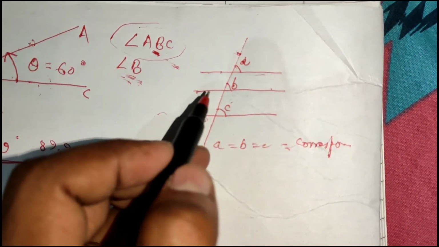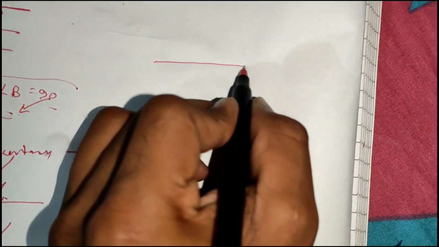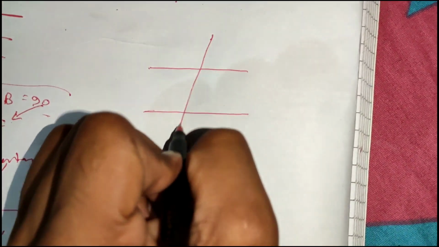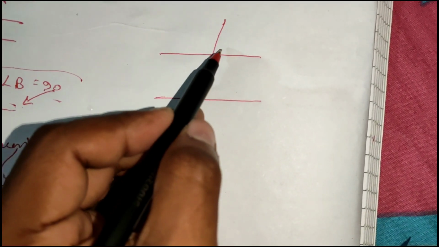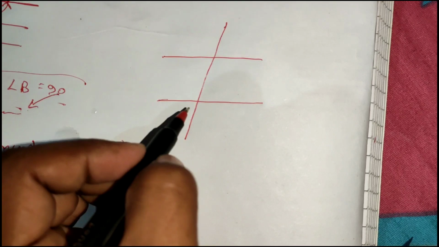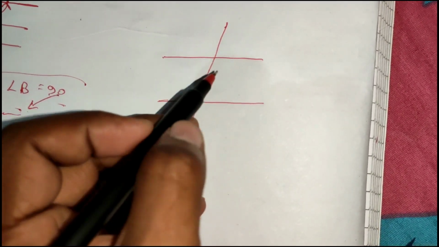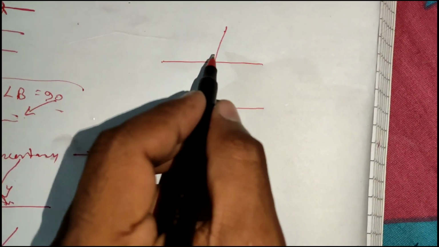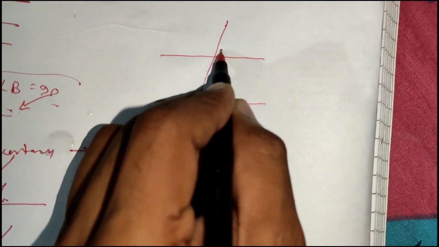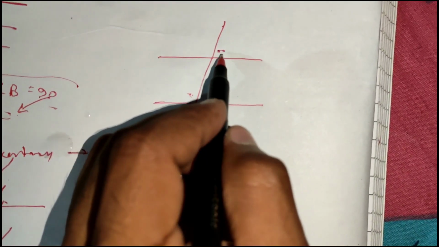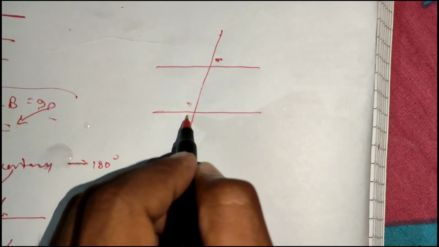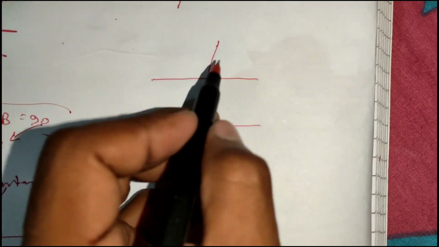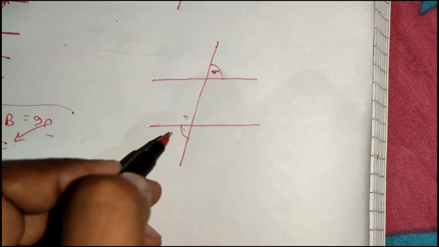Similar to this, there's another angle called the alternate angle. If we have a pair of parallel lines and a transversal, then the angles on the opposite sides of the transversal and on the opposite sides of the parallel lines, this side and this side, are called alternate angles.